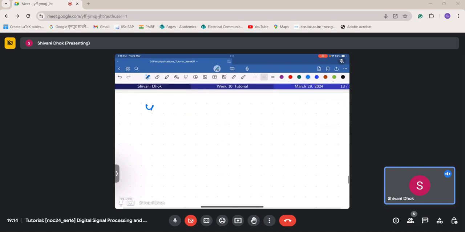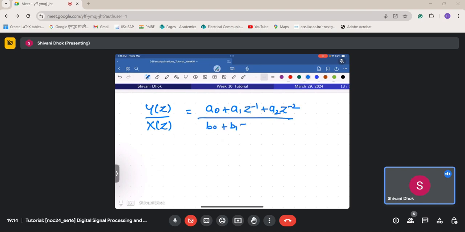If I'm having this Y(z) upon X(z) as a0 plus a1 z inverse plus a2 z to the power minus 2 upon b0 plus b1 z inverse plus b2 z to the power minus 2, this part corresponds to the numerator, and then Y(z) into b0 plus b1 z inverse is equal to X(z) into a0 plus a1 z inverse plus a2 z to the power minus 2.